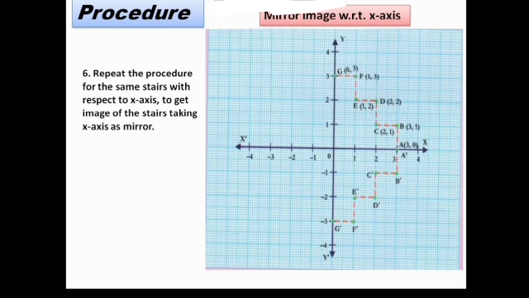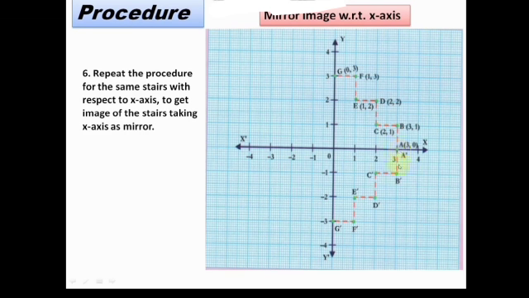Now repeat the process with respect to the x-axis. It means now we will fold our graph along the x-axis. In that case, we will get all the mirror images of these points in the fourth quadrant. As you can see here student, the mirror image of point A is A dash, which is the same point because A is lying on the x-axis.